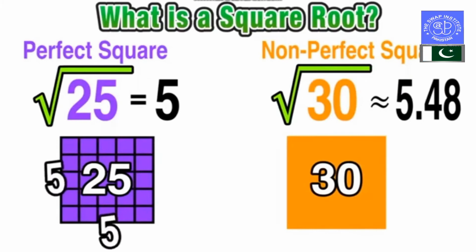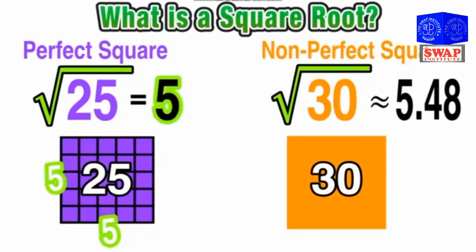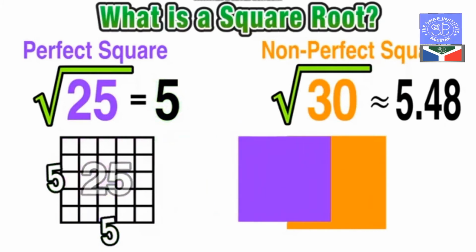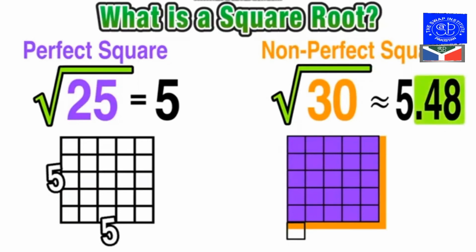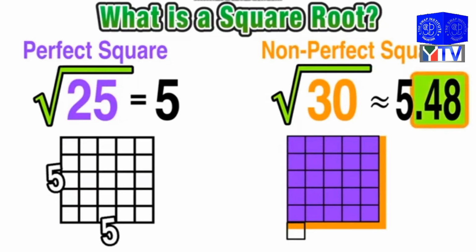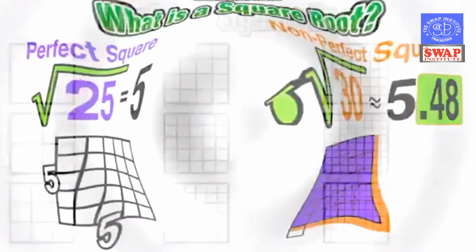If we take this area of 25 and try to fit it onto 30, we will see that some small part of 30 is left over, which requires about a quarter of a square, which is where the decimals come from. That's it, because it does not make one whole square. That's why we have it in decimal, and this is the reason that 30 is not a perfect square.